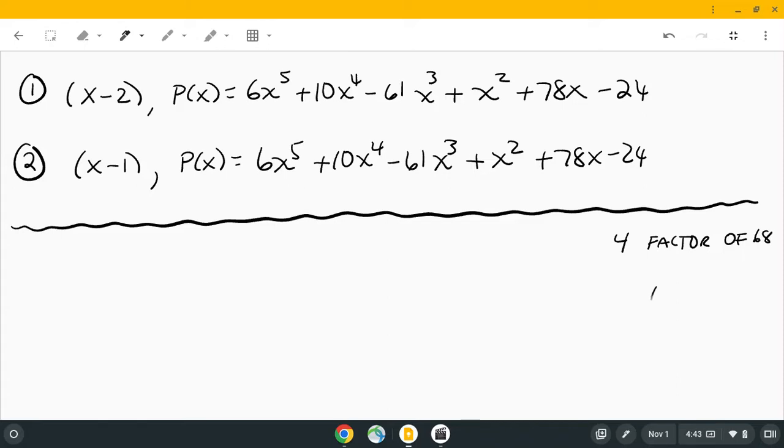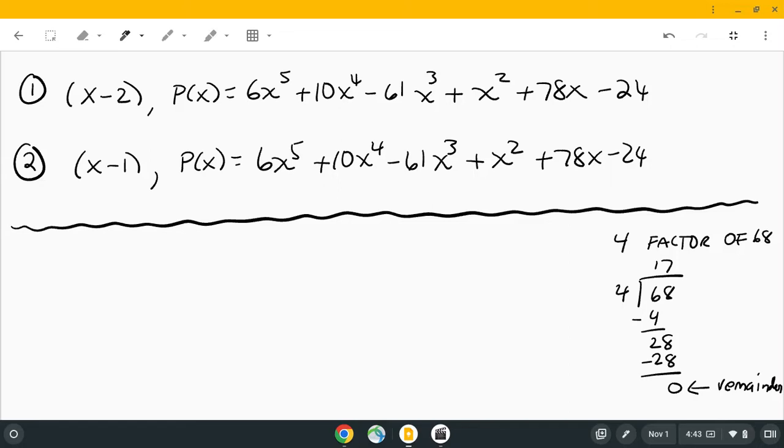You would do your division. We would get 1, 7, and we end up with no remainder. So when you get 0 remainder, that means yes, 4 is a factor of 68. In other words, 4 goes into 68. Okay, so the same thing here.